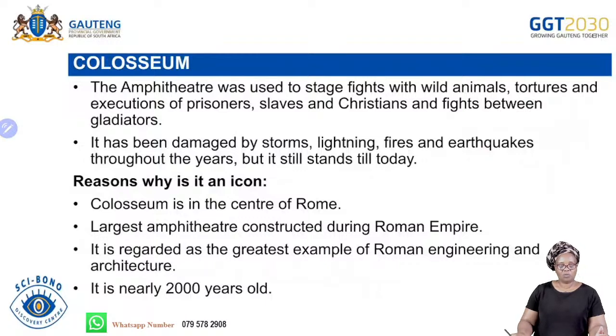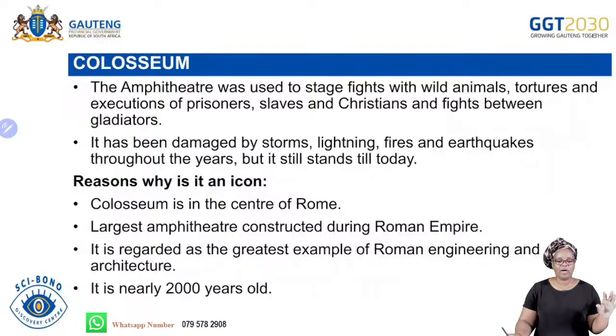Let's look at the reason why this attraction was an icon. It is found in the center of Rome, the city center. That's where you find this, and it is known as the largest amphitheater that was constructed during the Roman Empire. It was the largest.